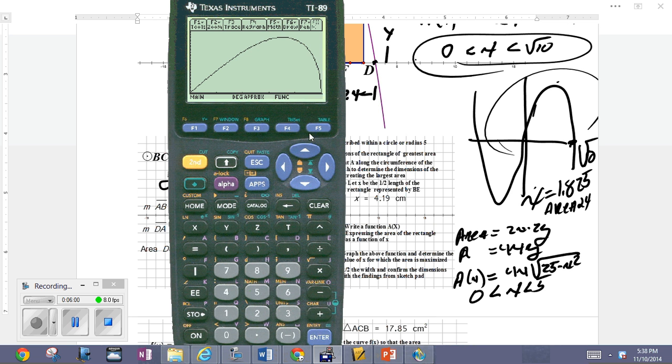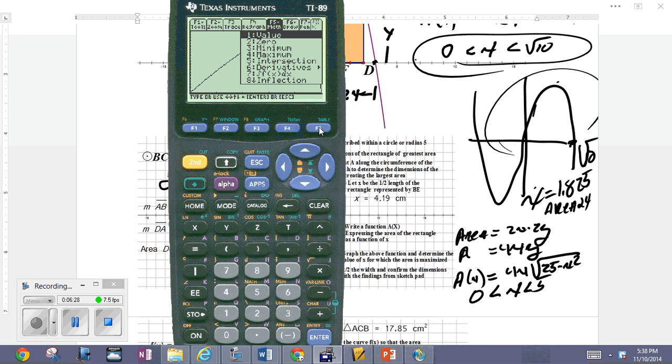F5 will find that high point for us. All right, let's find that high point. That's the maximum. Hone in from the left side over to the right side. It looks like I made an issue with that, so let's run that again.